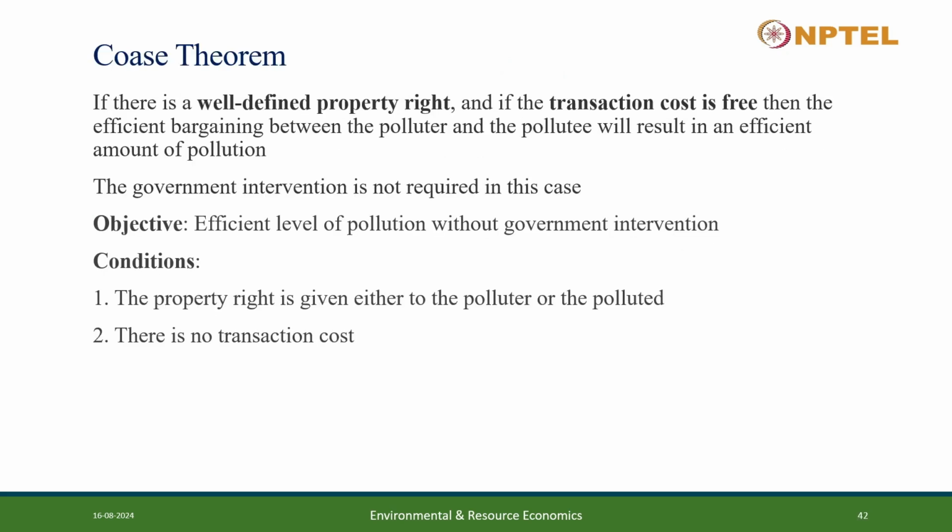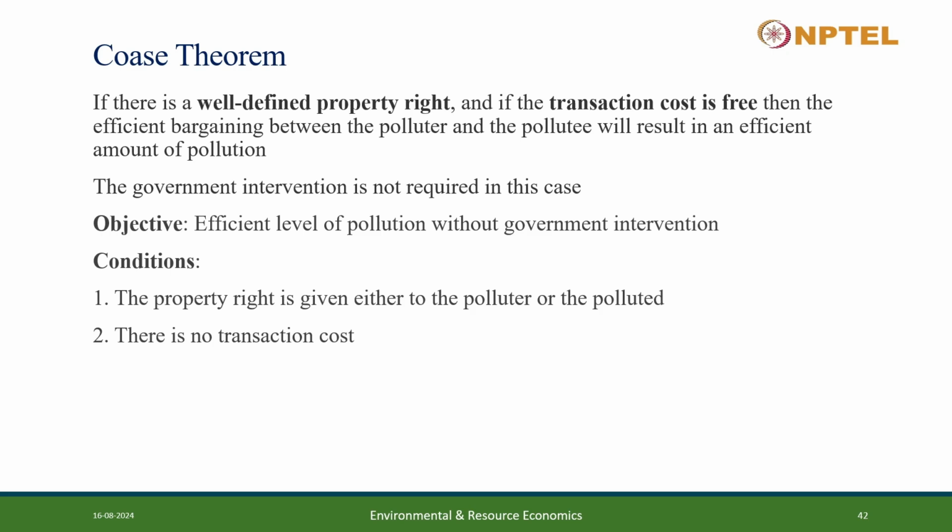So Coase theorem states that if there is well-defined property right, and if the transaction cost is zero, then efficient bargaining between polluter and pollutee will happen, which will result in an efficient amount of pollution. The pollution will not be zero. However, the pollution amount will be optimized if there is proper bargaining between polluter and pollutee.